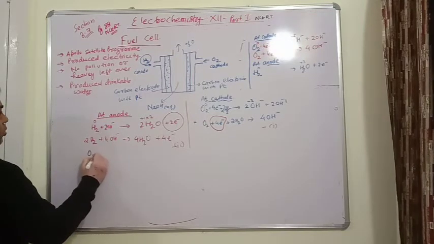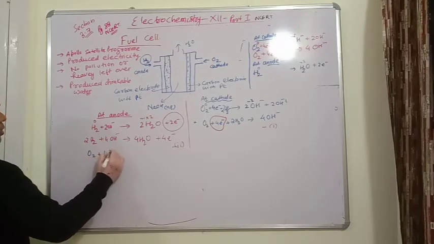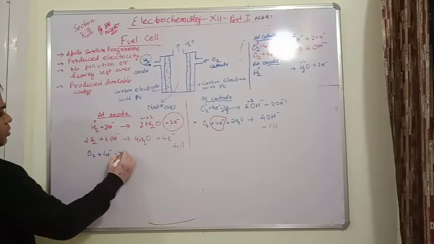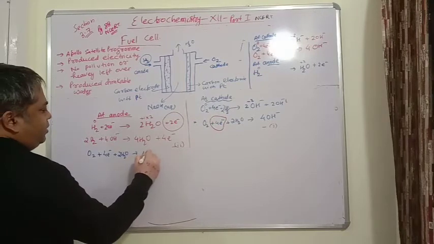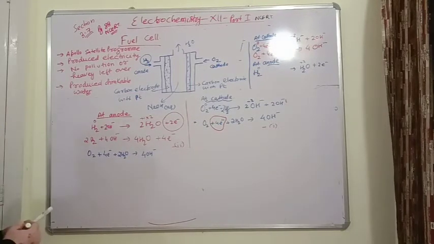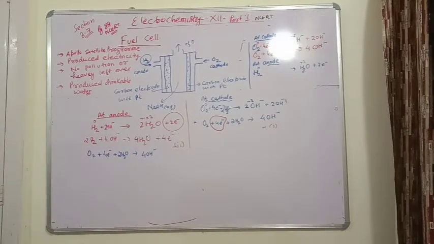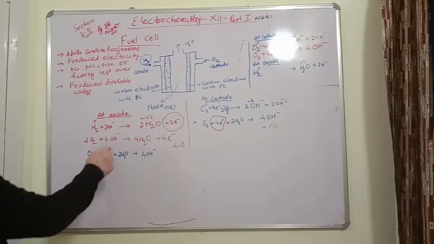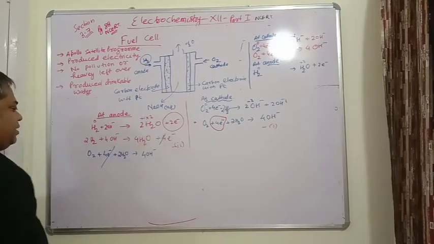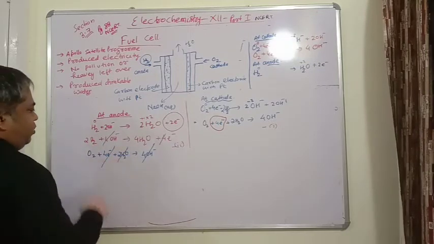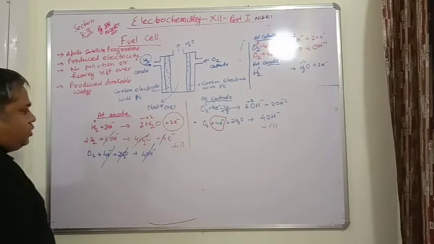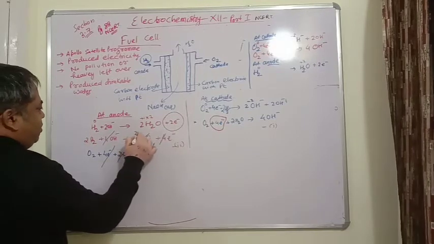This will become O2 plus 4 electron plus 2H2O will form 4OH minus. Now let us see what gets cancelled. 4 electron and 4 electron get cancelled. 4OH and 4OH get cancelled, and 2H2O nullifies 2 H2Os from this and this forms 2H2O.